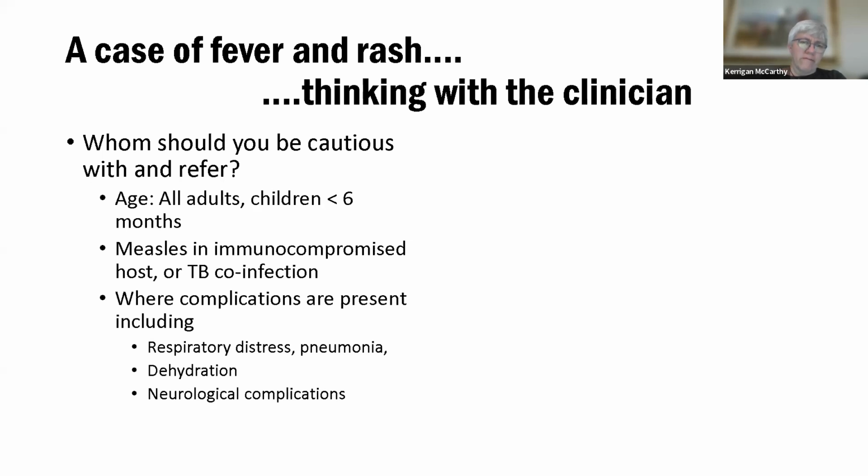These children often have severe diarrhea and pneumonia, and it's probably helpful to keep these children in hospital until they show signs of clinical improvement. Any person who's immunocompromised or has TB co-infection should be admitted for observation and supportive care. And where complications are present, including respiratory distress, pneumonia, dehydration, and very importantly, neurological complications, these children should be admitted for observation or referred.